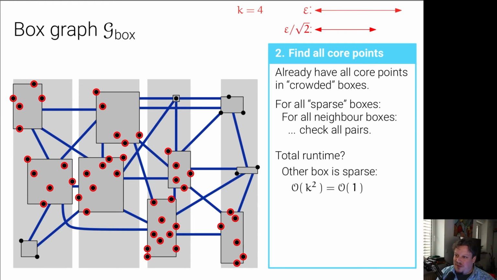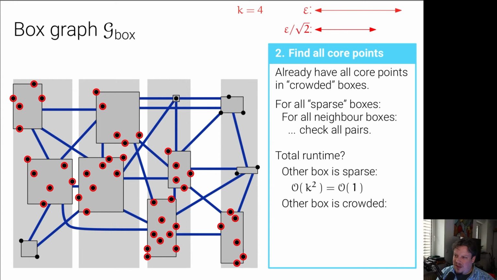So sparse box compared to sparse box is fine. What happens if I have a sparse box versus a crowded box? The trick here is we're going to charge this runtime to the crowded box, to the points in the crowded box. So let's think about this. Let's look at this box over here. It's crowded, and it has 3 sparse neighbors.